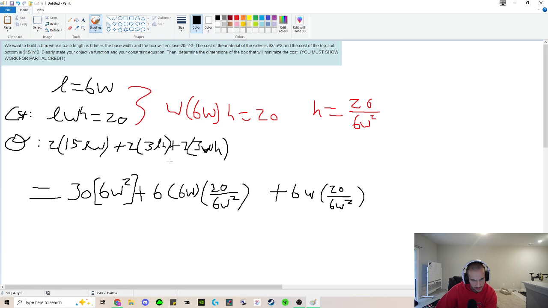So we've solved in terms of this. Okay, perfect. Now what we can do is we have 180 w squared plus... this 6 cancels with this one on the bottom, and one of the w's cancels, so we'll be left with 120 on the top and w on the bottom. And we'll be left with the same over here: 20 divided by w, correct?